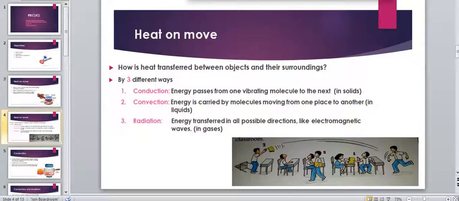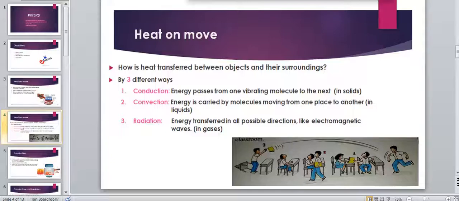So now a question arises here, how is heat transferred between objects and their surroundings? As we have discussed earlier, heat is a form of energy that is transferred from a region of higher temperature to one of lower temperature.